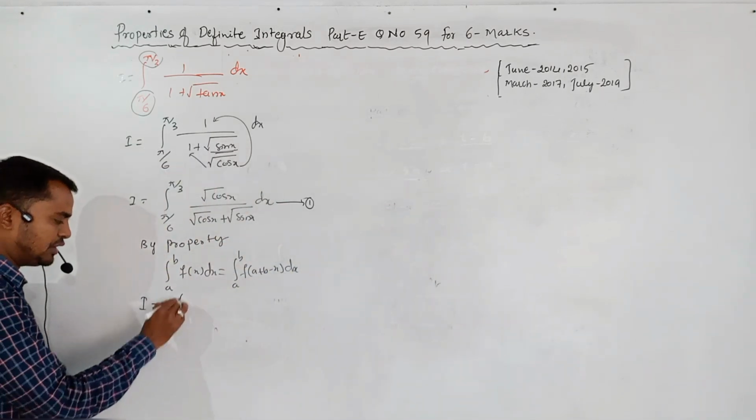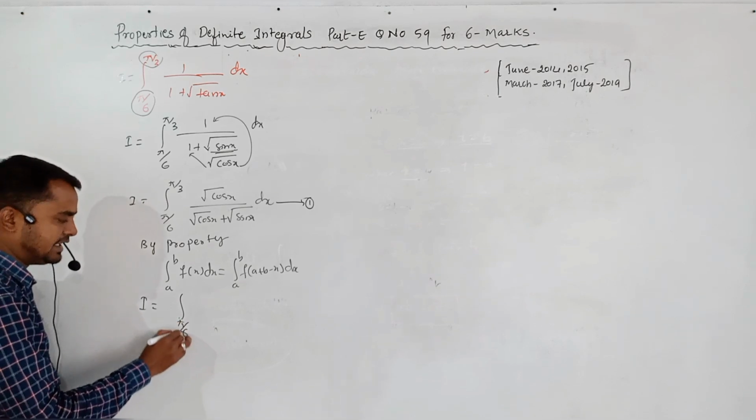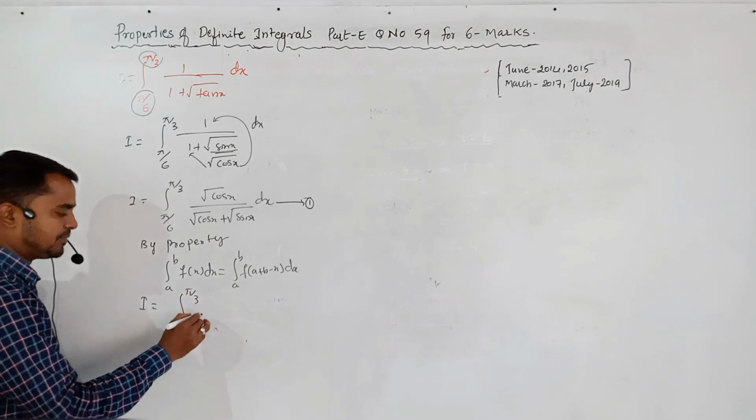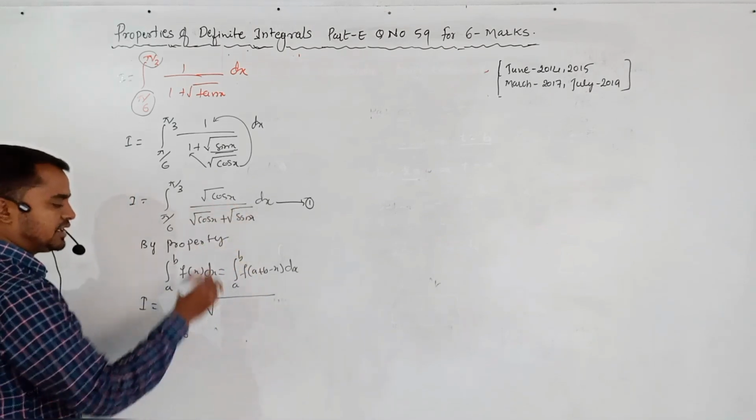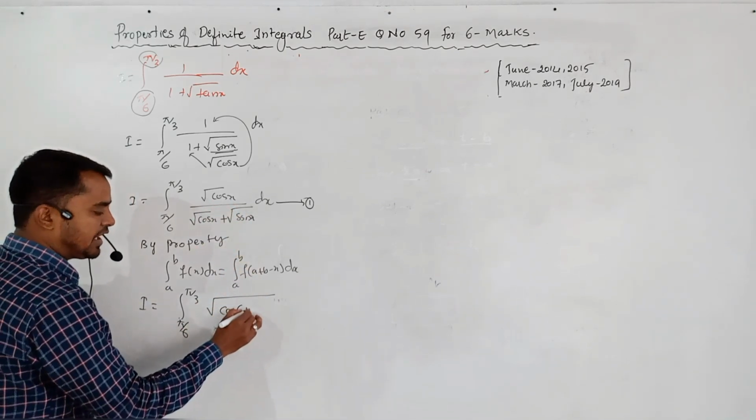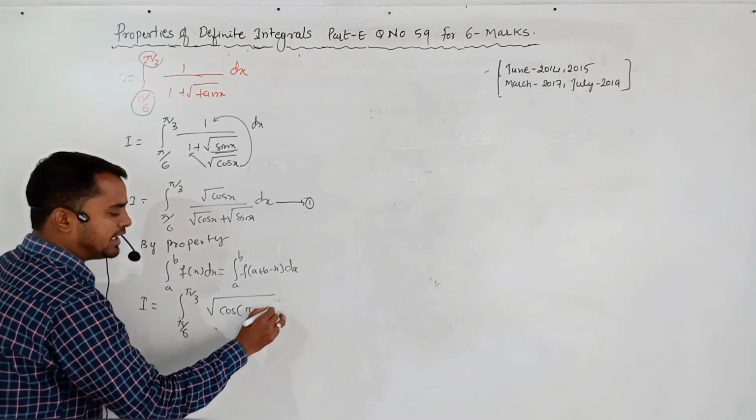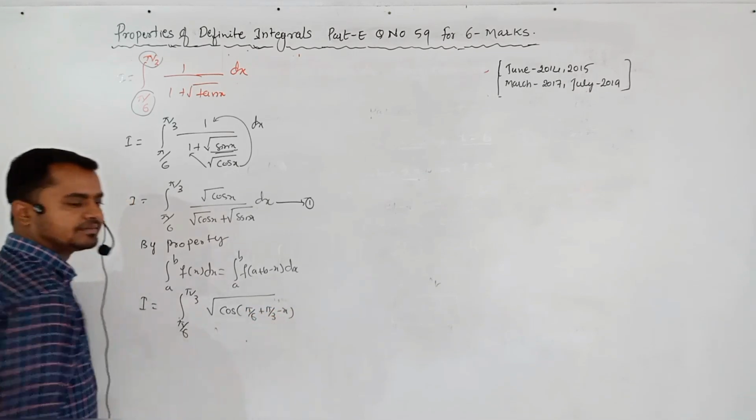I is equal to integration of 5 by 6 to 5 by 3 of root cos x, which will become root cos of 5 by 6 plus 5 by 3 minus x.